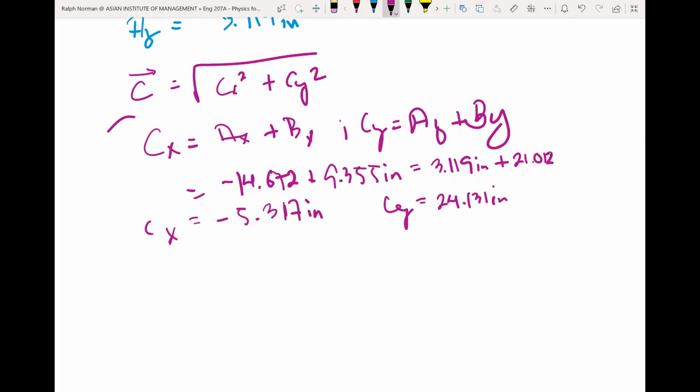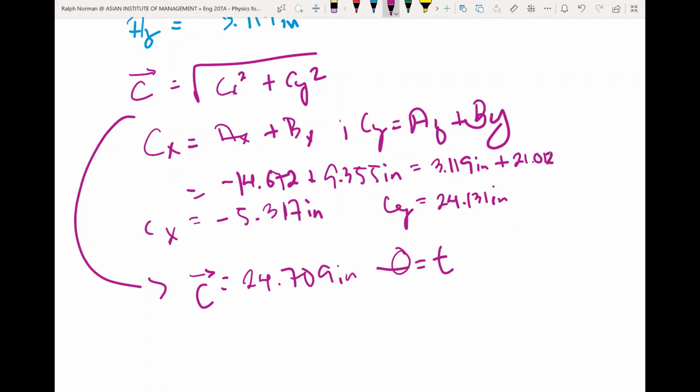And you square that up, plug it here, you will get what? 24.709 inch. And if you want to get yung direction, get yung tangent inverse lang naman, CY over CX.